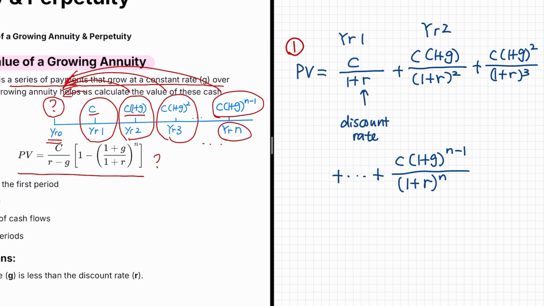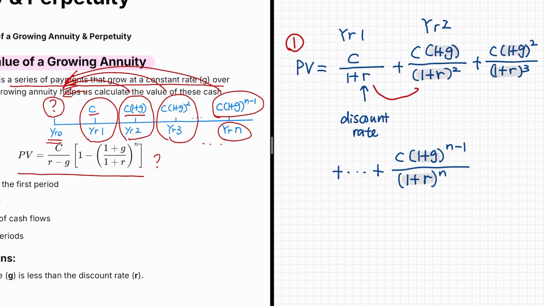As we can see from this formula, there is a common term here, that is 1 plus G divided by 1 plus R. From one term to the next, it is just multiplied by 1 plus G over 1 plus R, and so on.